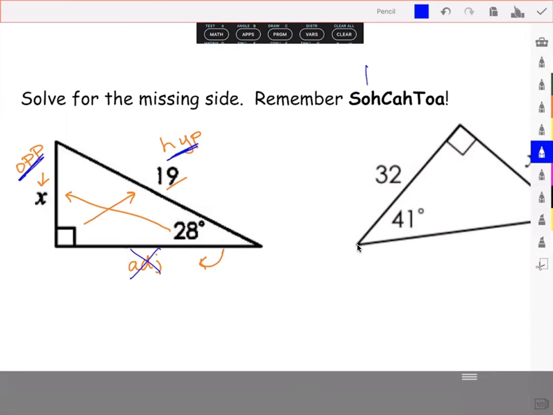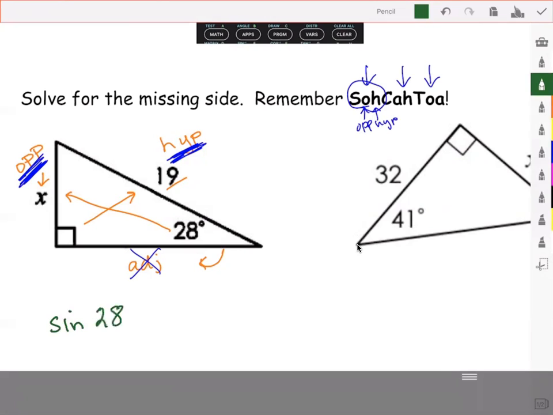So I'm going to look up here at SOHCAHTOA and which one uses the ratio opposite and hypotenuse. Well, this one does. So I'm going to use sine for this triangle. Sine, you always put the angle measure next.